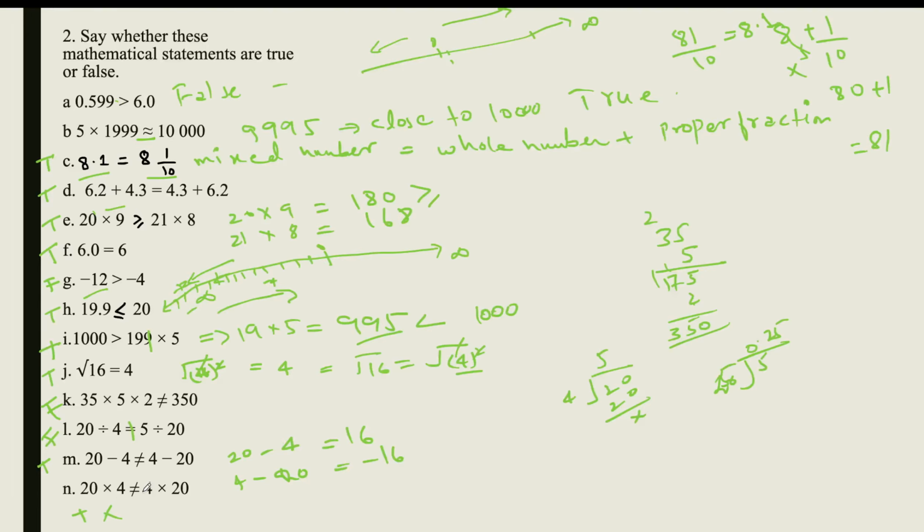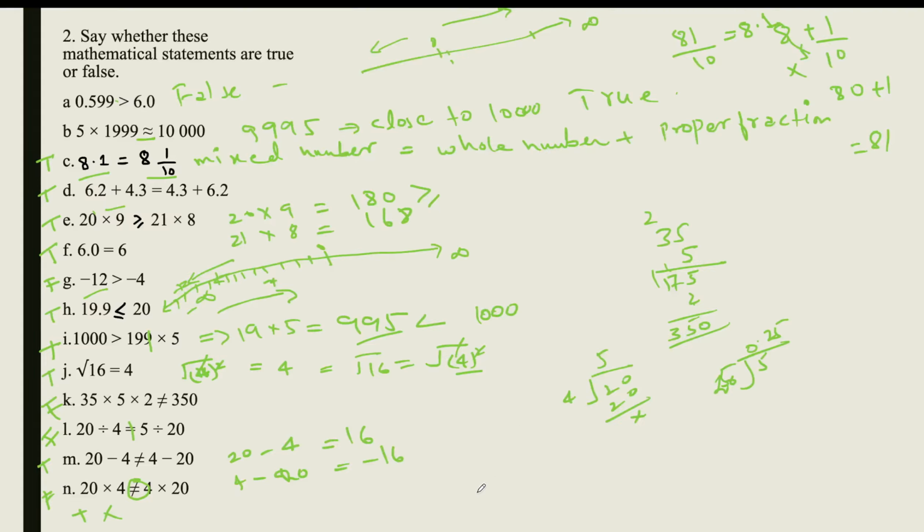Therefore 20 multiplied by 4 is not equal to 4 multiplied by 20. Sorry, 20 multiplied by 4 is equal to 4 multiplied by 20. In here this not equal sign is not correct, therefore this is a false statement.